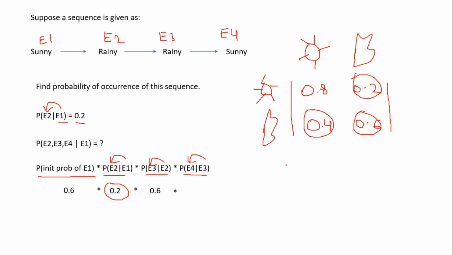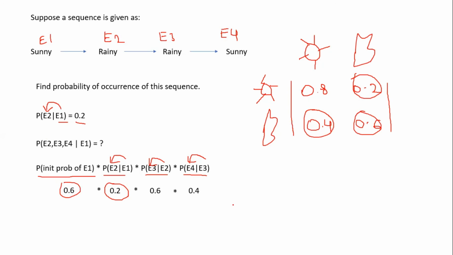So this value is 0.4. Then the initial probability of E1, so the probability for sunny to be the first day is 0.6. So multiply all these values.